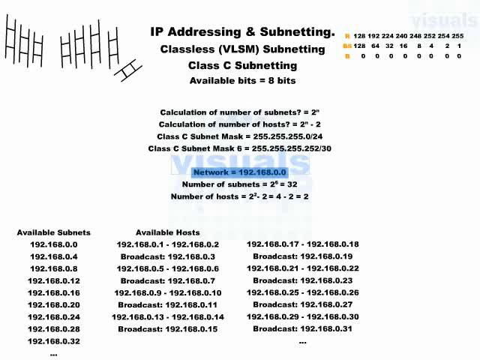Now by applying 6 bits for subnetworks, the 32 I said is, I think, a wrong answer. Let's calculate by applying 6 bits. How many subnetworks are we getting?